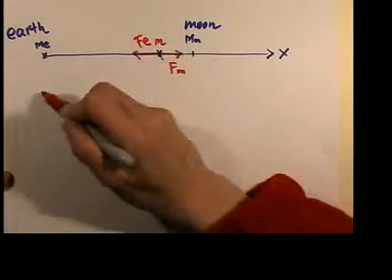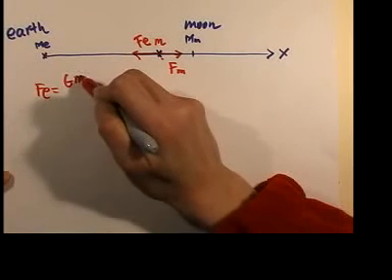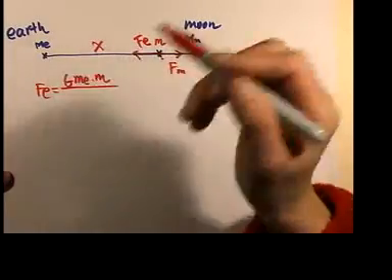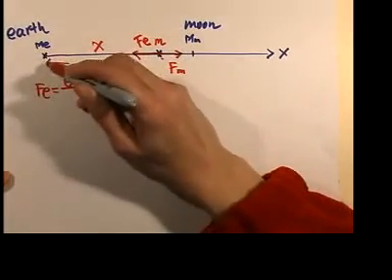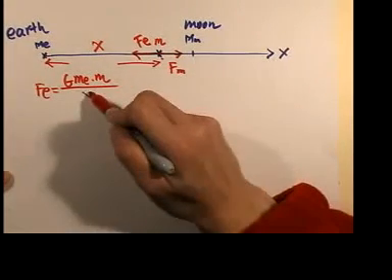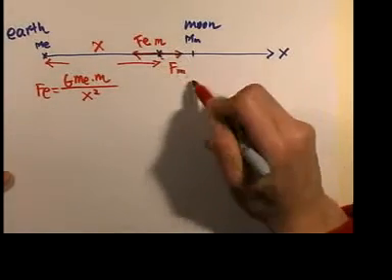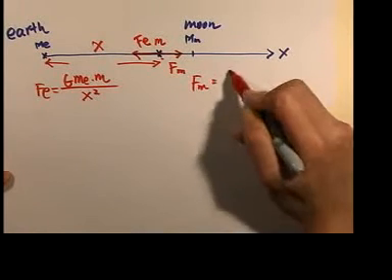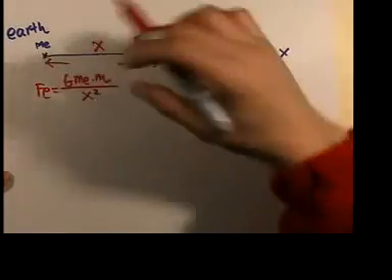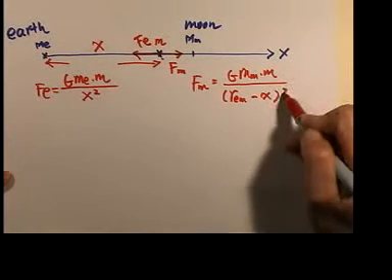The gravitational attraction F of E equals capital G, mass of the Earth and mass of the space probe, divided by x meters, that is the distance between the Earth and this particular location, so separation squared. And the gravitational force from the moon on the space probe, F of the moon, equals capital G, mass of the moon, mass of the space probe, and what's left? That is the Earth-moon distance, subtract x, and squared.